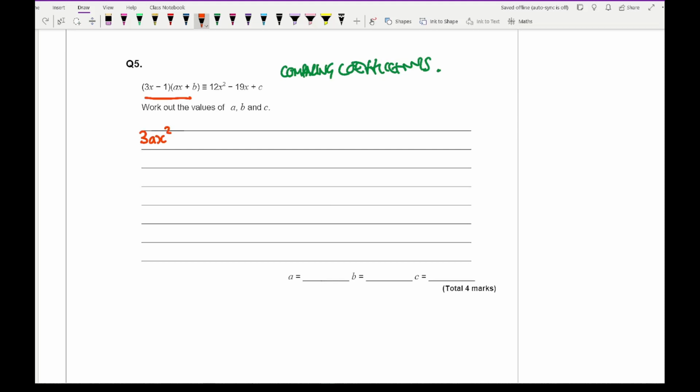So here I'm not going to write 3x squared a, I'm going to write 3ax squared, because a and b and c are all numbers as well, just to know what they are. So then expanding that further, I get plus 3bx and then minus ax minus b, and that is algebraically equivalent to 12x squared minus 19x plus c.